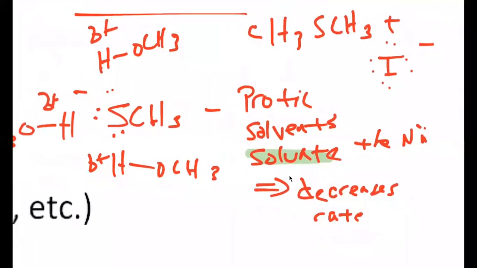So that solvation is bad, right? It decreases the rate of the reaction. That's why when you see reactions done through an SN2 mechanism, more than likely you're going to see them done in an aprotic solvent, right?